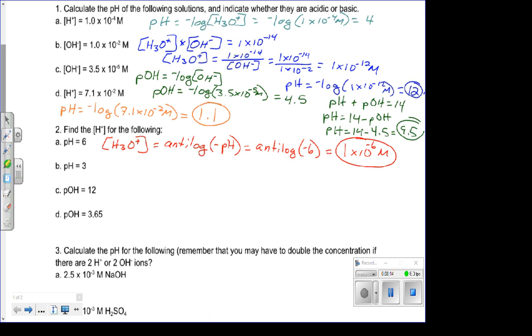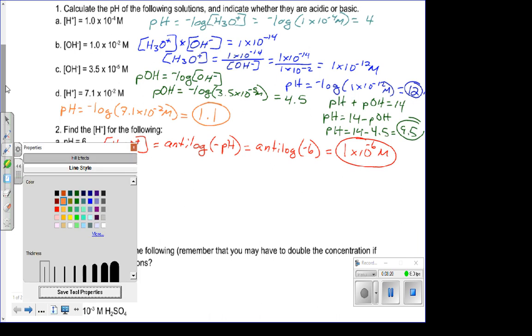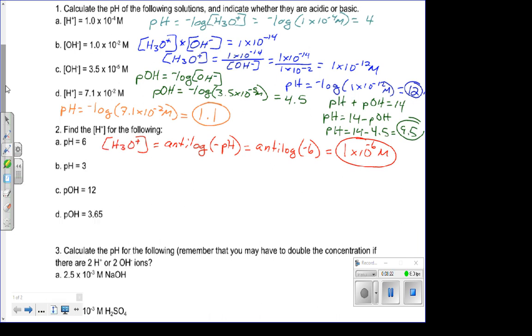So that one's 1 times 10 to the -6th. Means this one's going to be 1 times 10 to the -3rd.